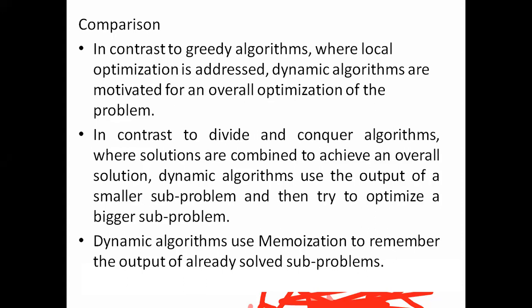Another approach we studied in the first unit is divide and conquer. Here we divide into small problems, and the solutions are combined to achieve an overall solution. But in dynamic programming, we use the output of smaller subproblems to optimize bigger subproblems.